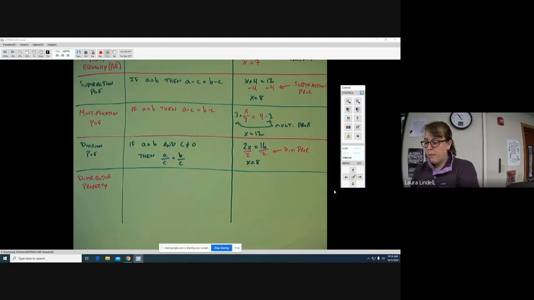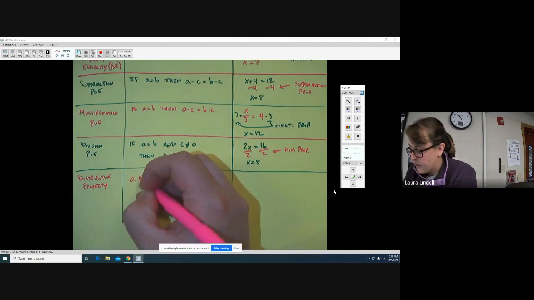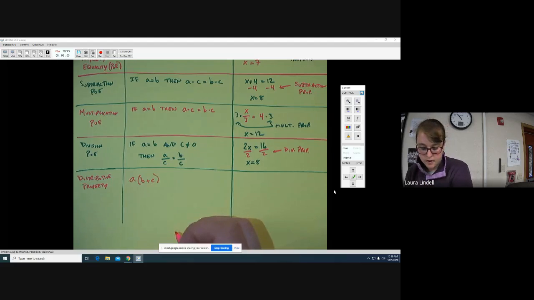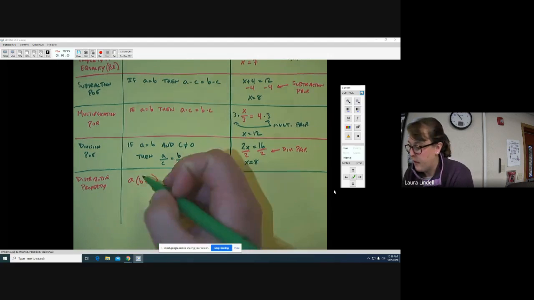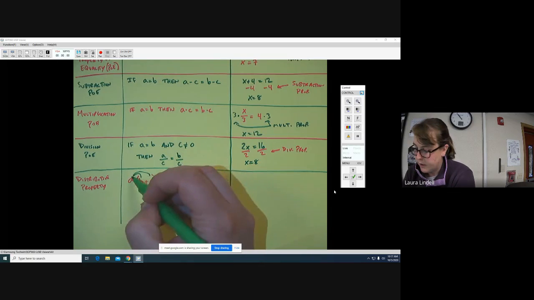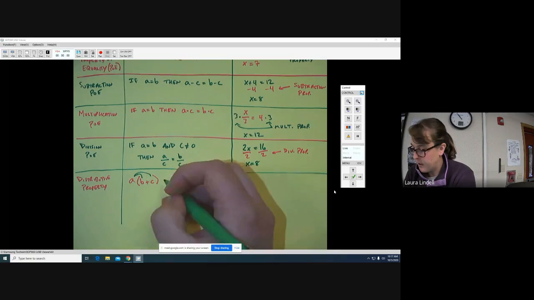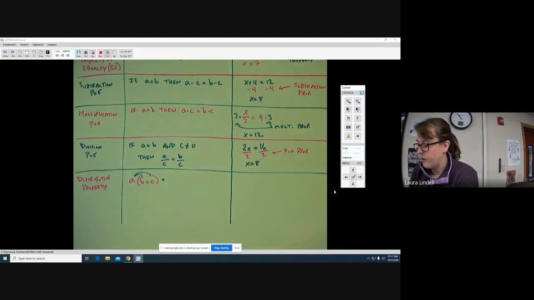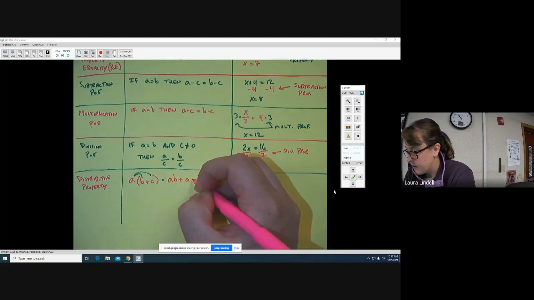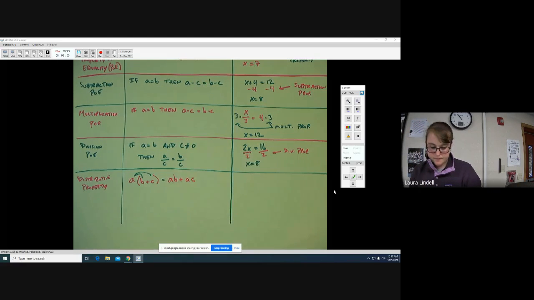So the distributive property is that if you have A, parentheses, B plus C, then you can multiply the A by both the B and the C. So we go swoop, swoop. They both get the multiplication. We're left with A times B plus A times C. Okay, so that's the distributive property.